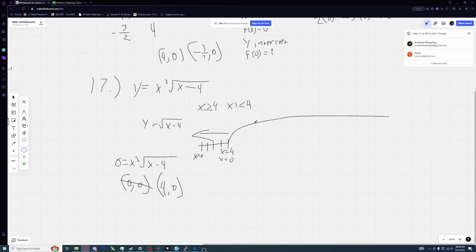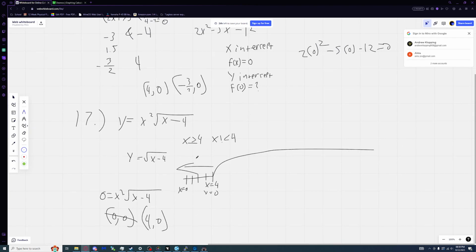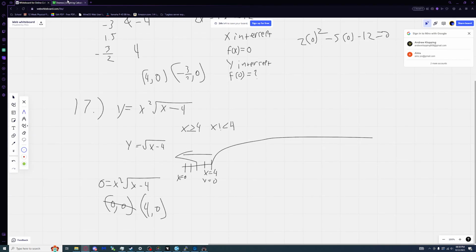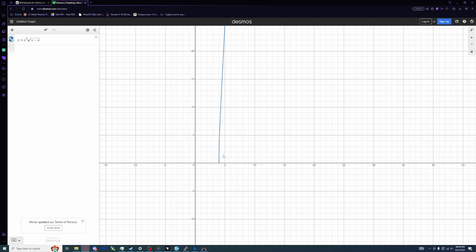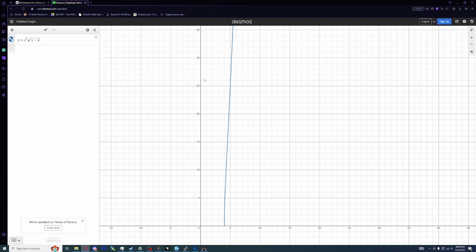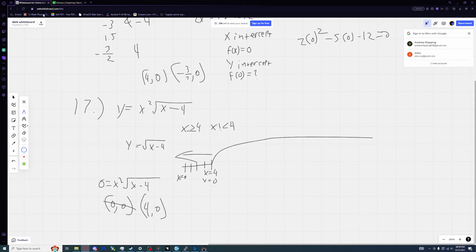Therefore, we cannot have a single x value, or y value for that matter, behind x equals 4. Therefore, when we set x equal to 0, nothing there exists. Therefore, we cannot have a y-intercept. And this is validated by the graph right here. As you can see, it will never cross the y-axis.